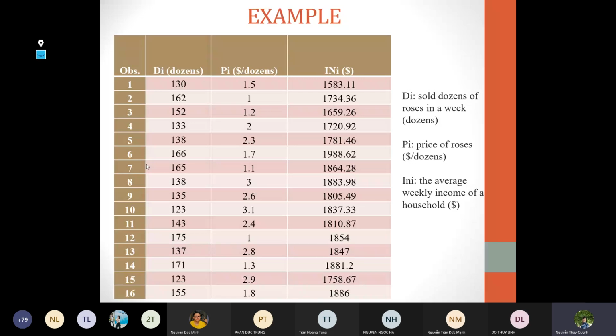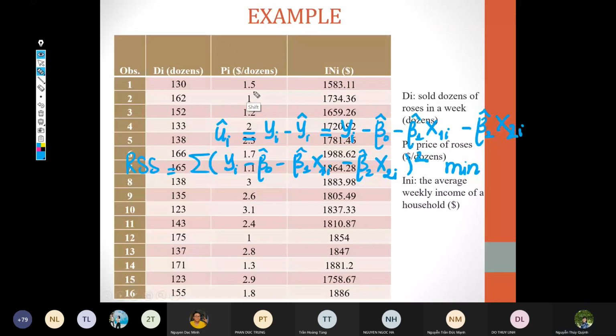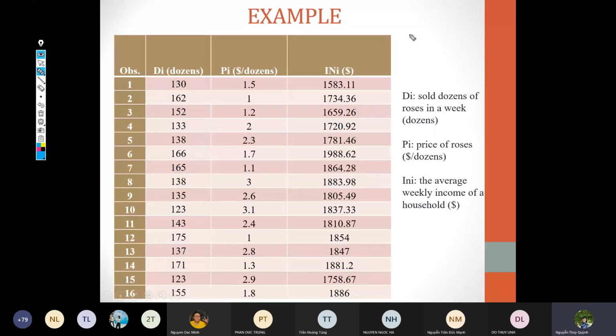Now, firstly, let's specify the population regression model first. What is the population regression model here? As we have DI as the dependent variable and PI and INI as the independent variables, what will be the population regression model?